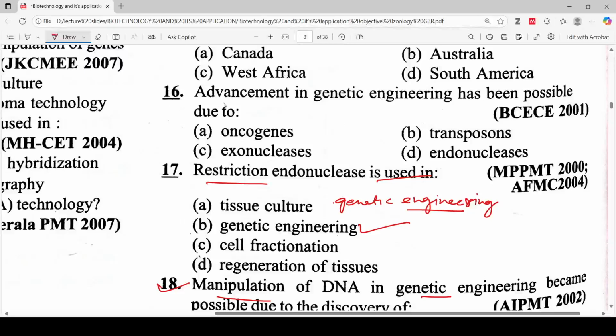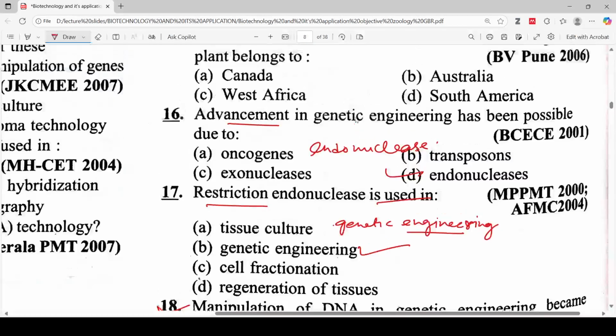The advancement in genetic engineering has been possible due to oncogenes, exonuclease, transposons, and endonuclease. So the correct answer is endonuclease. So next question.